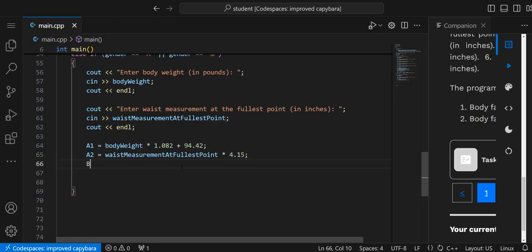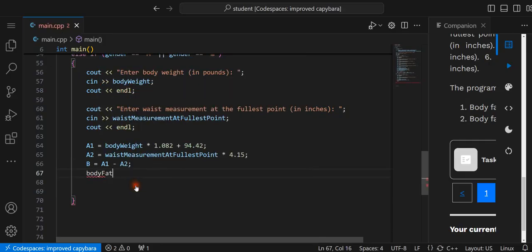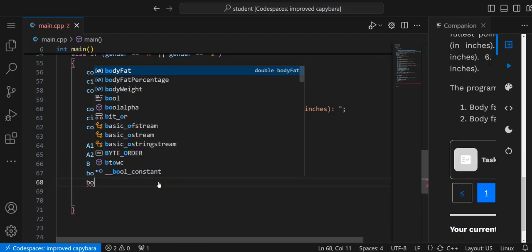B equals A1 minus A2, and body fat equals body weight minus B. Capital B that is.